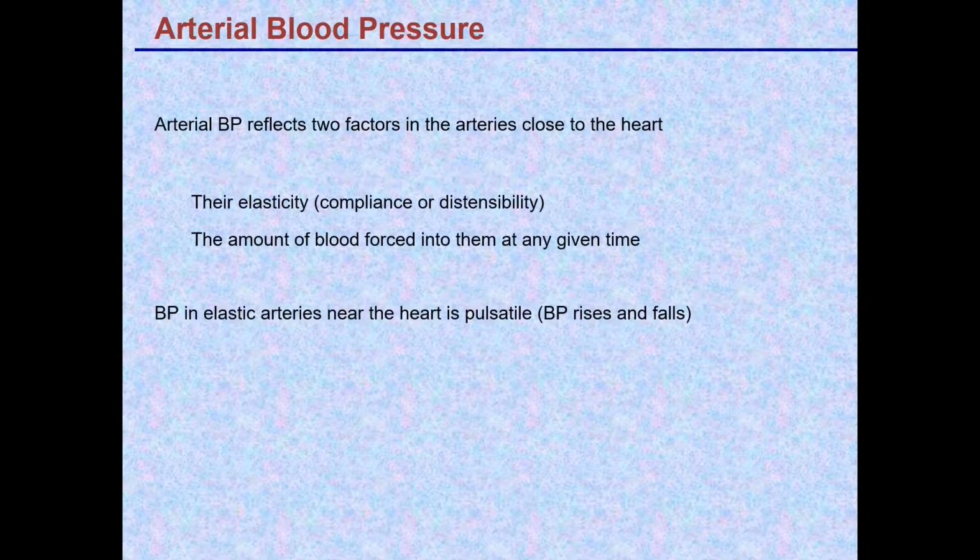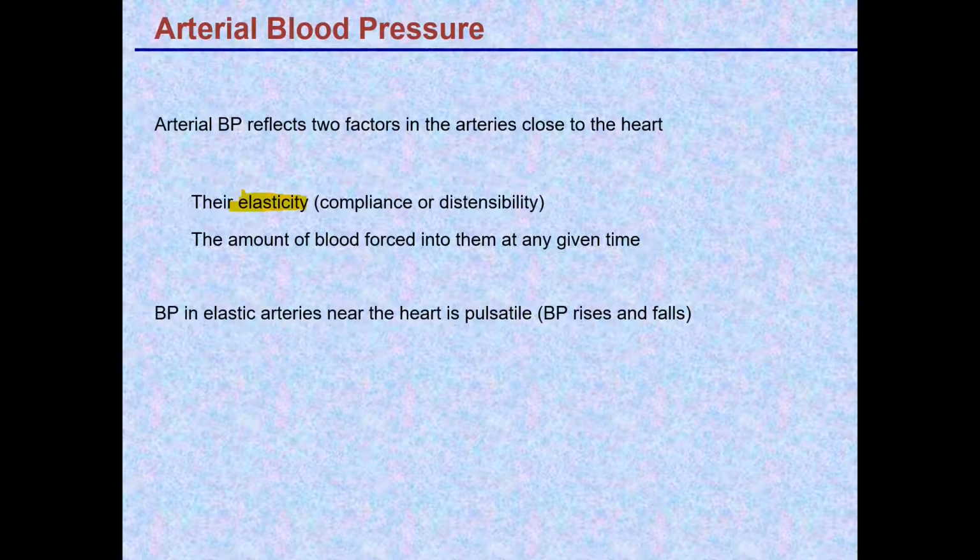Okay, arterial blood pressure in fact reflects two factors when you're looking at arteries closer to the heart: their amount of elasticity, and just like with the lungs and respiratory physiology, physiologists like to talk about compliance, the ease with which you get expansion. Compliance in the lungs is how easy it is to expand your lungs, to fill them up.